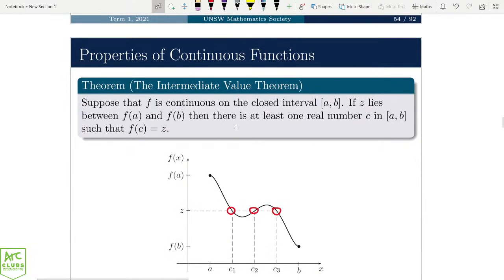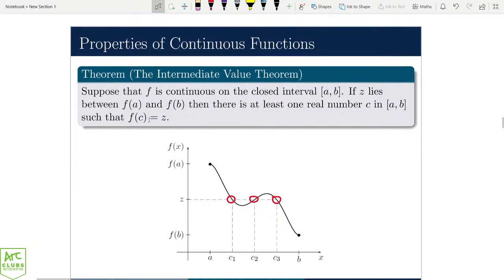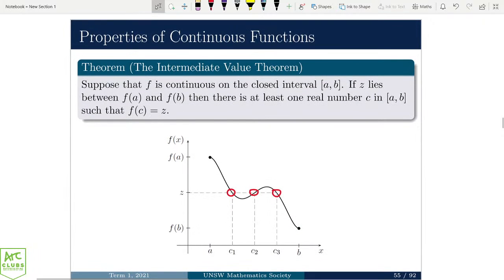So basically the intermediate value theorem states that suppose that f is continuous on the closed interval [a, b], then if z lies between f(a) and f(b), then there is at least one real number c in this particular interval such that f(c) is equal to z.